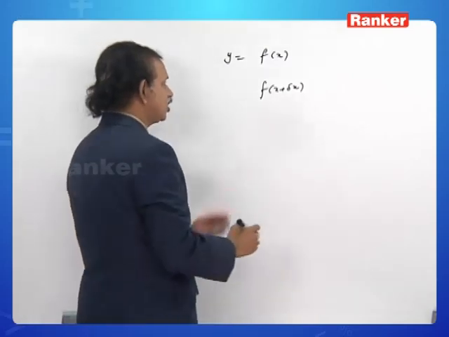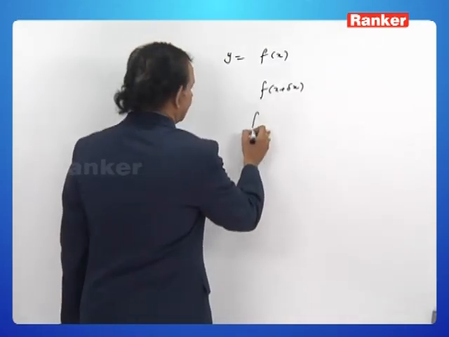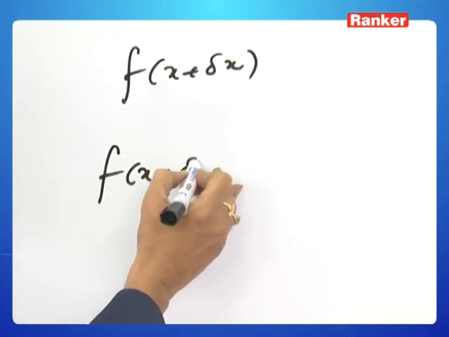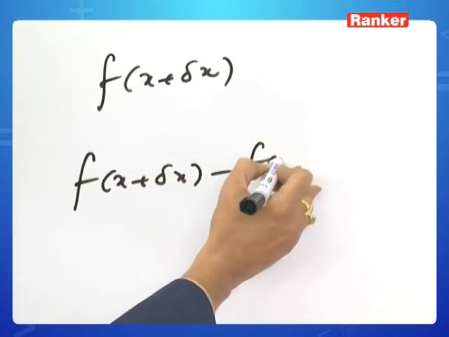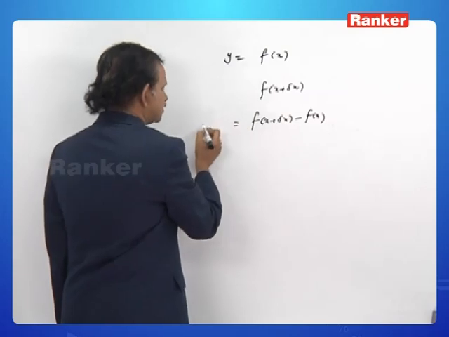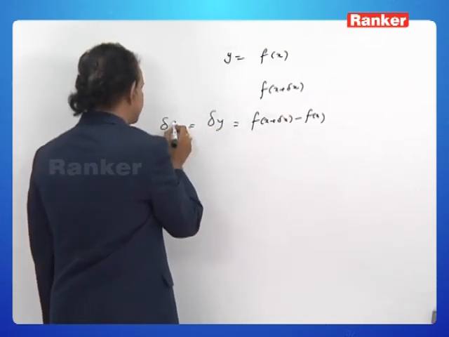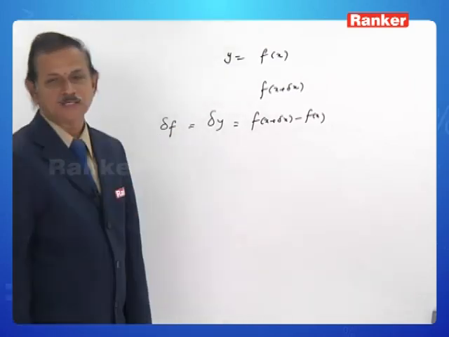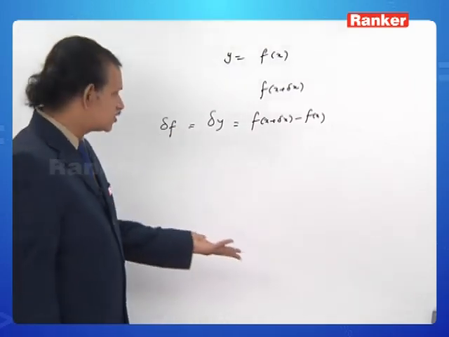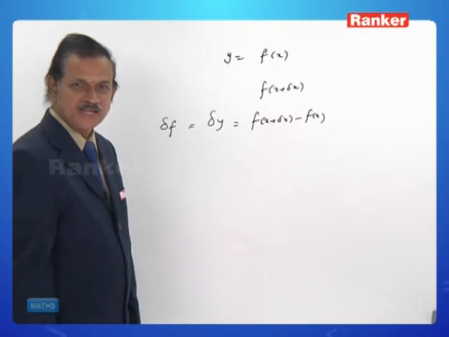Then what will be the change in f? F of x plus delta x minus f of x. It is of course termed as change in y or change in f. This is the exact change in f.